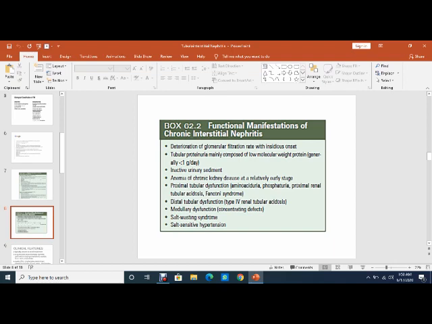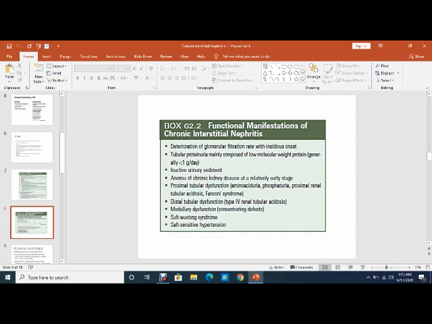Tubular proteinuria, mainly less than 1 gram per day. If you see the difference between the glomerular proteinuria and tubular proteinuria, tubular is usually non-nephrotic range proteinuria. Glomerular proteinuria is usually nephrotic range proteinuria.